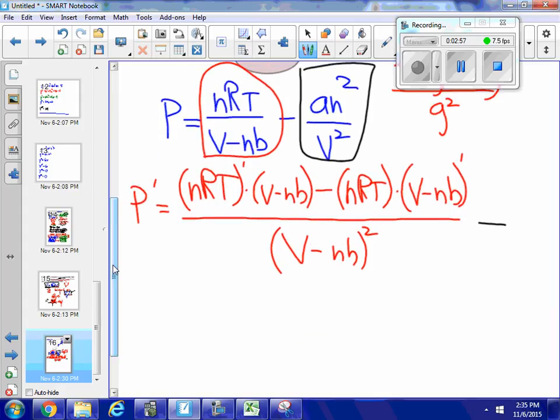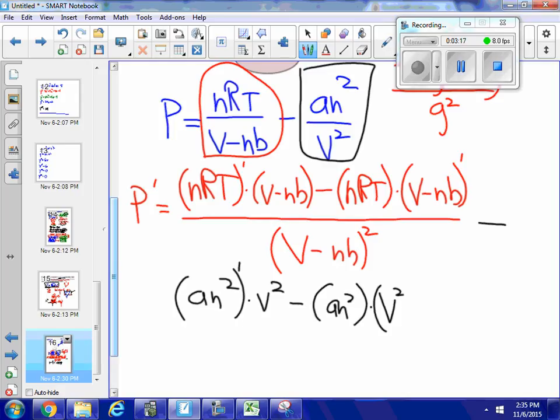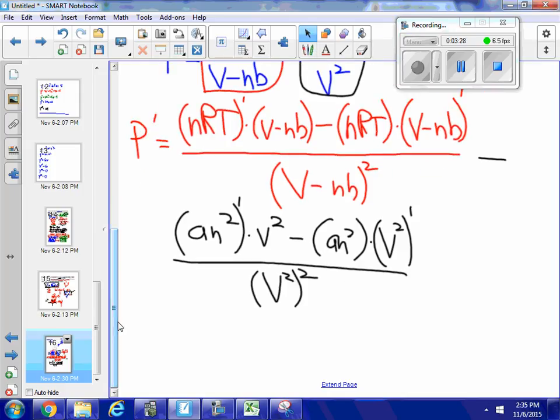So I'm going to have minus AN squared prime times V squared, minus AN squared times V squared prime, all divided by V squared squared. Okay, so let's see if we can't do some simplification now.